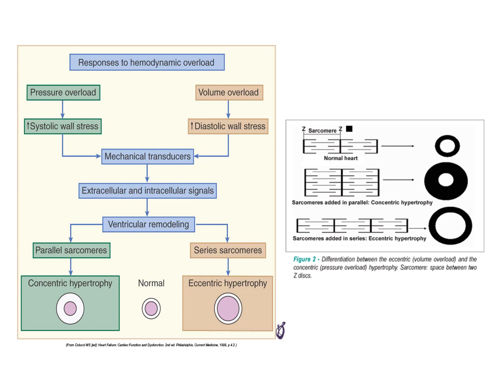So when the sarcomeres are in series, this creates an increase in the size of the left ventricular cavity. And so, talking about wall stress, now that the radius of this cavity is increased, there is also an increase in wall stress.